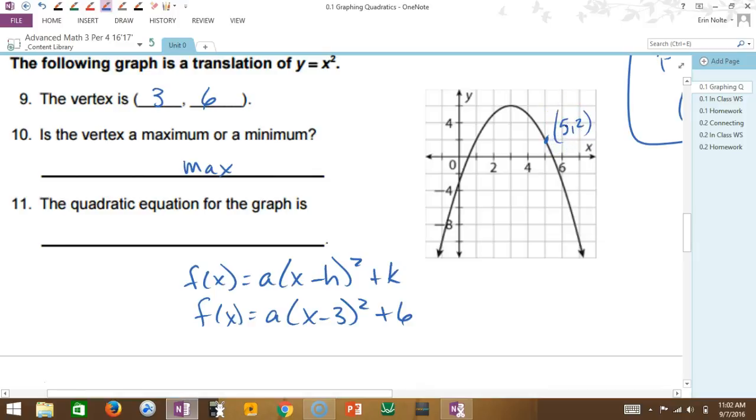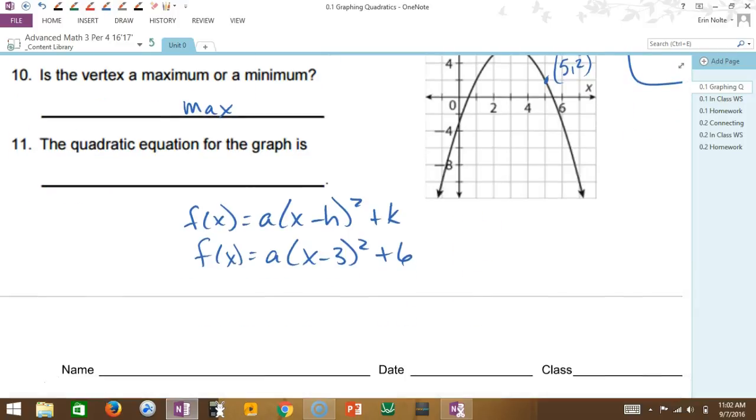When I say the point 5, 2, what are the two variables directly related to it? 5 is the x, and 2 is the y, or in our case, f of x, which is the fancy way to say y. Put it into the equation. You just literally plug those numbers in, and then we can solve for the a value.